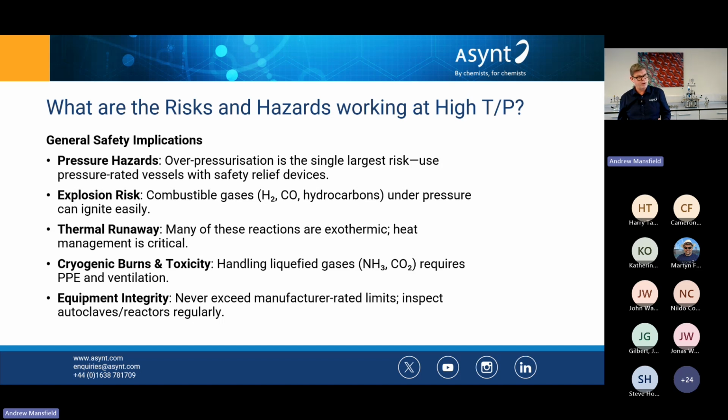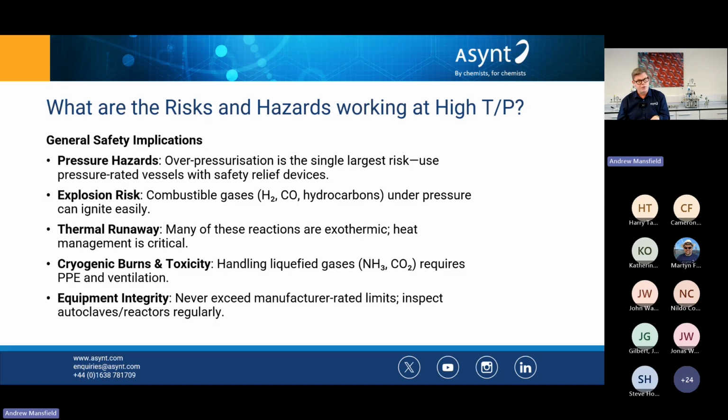If we're using combustible gases like hydrogen, as we spoke about previously for hydrogenations, these can ignite easily. So we need to think about the safety implications of using these gases and for all of our local safety rules and risk assessments.